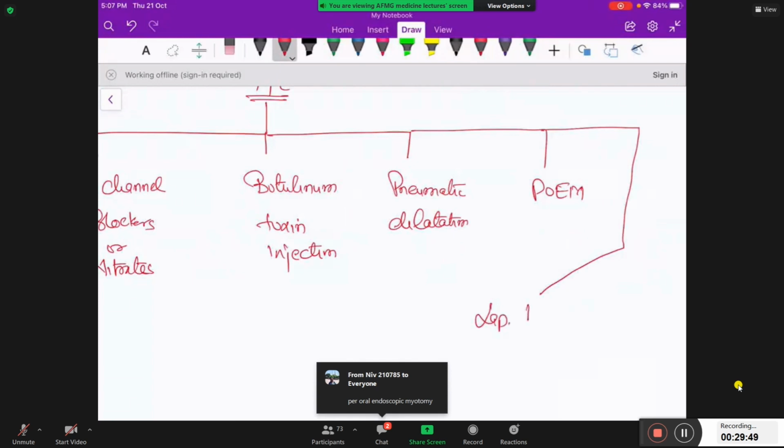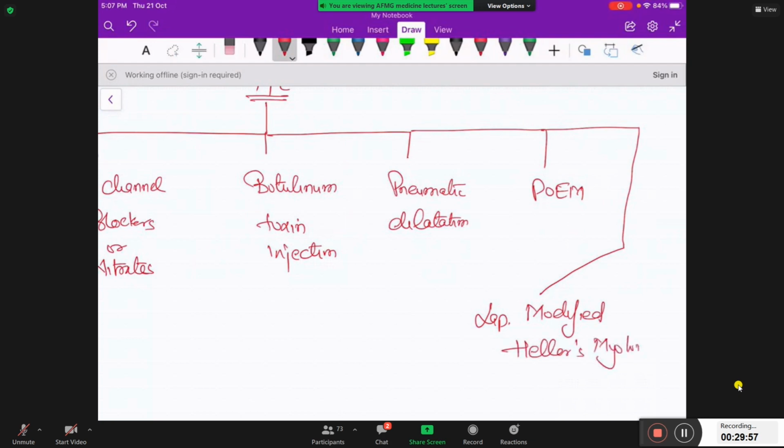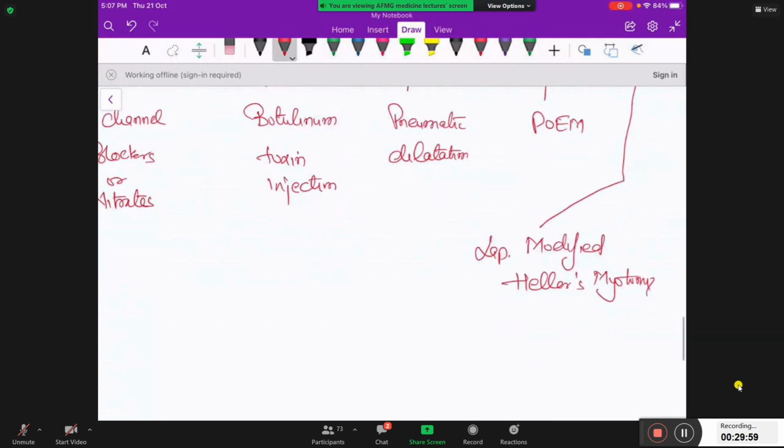We also have the option of laparoscopic modified Heller's myotomy, which is also called the Heller-Dor operation.